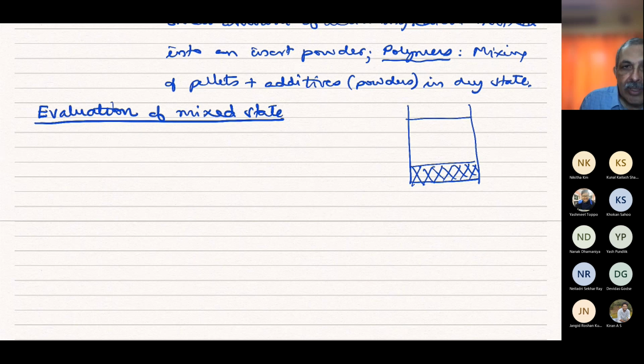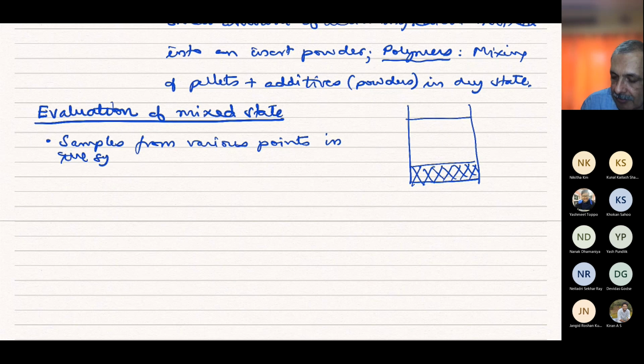So one of the key things is that how do you evaluate the mix state? And the way that it is done is to take samples, small samples from the various points in the system.